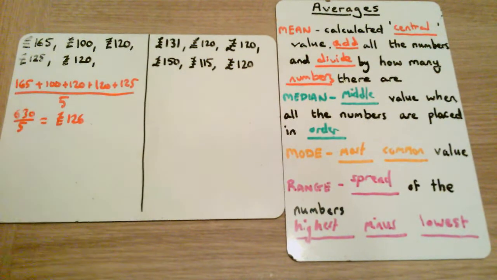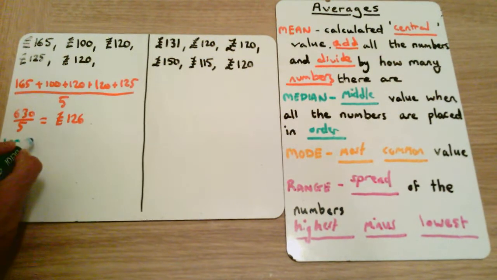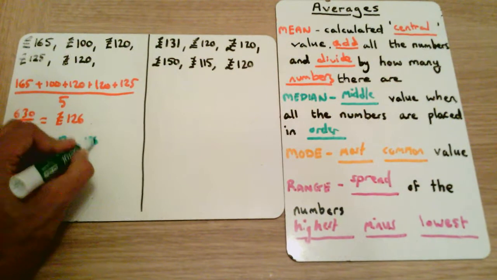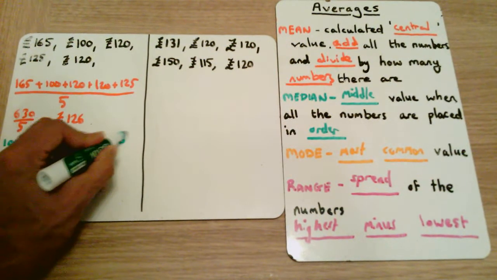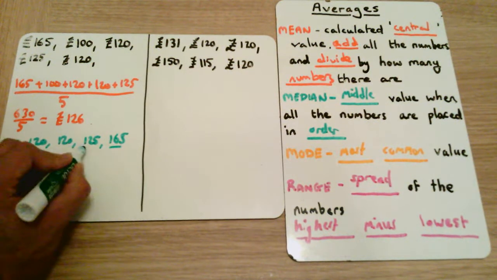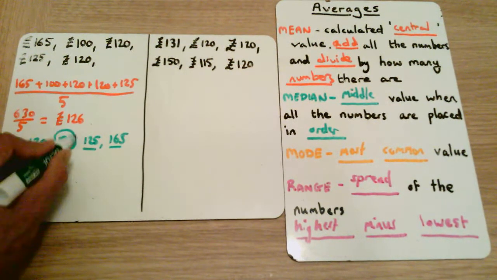That means on average, you would earn 126 pounds if you worked for this company. Now, if we look at the median, let's put the numbers in order: 100, 120, 120, 125, 165. The median is 120.